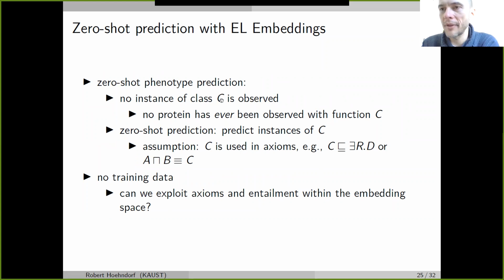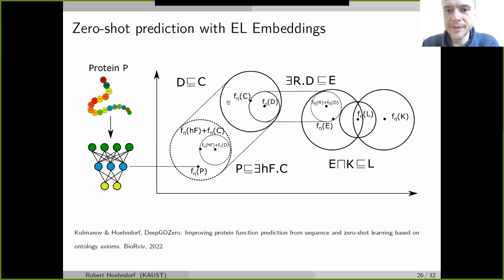We have proteins for other classes. In this case, we may have proteins for D, and proteins with function E or other functions. And we have all the axioms, but we have never seen a protein which has this function C. So it's zero shot for the function C.